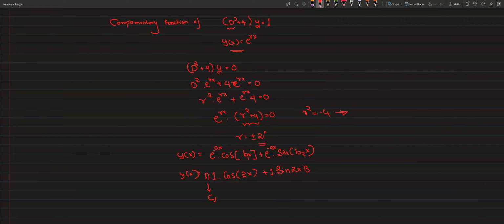So the solution is c1 cos 2x plus c2 sin 2x. Clear, right?